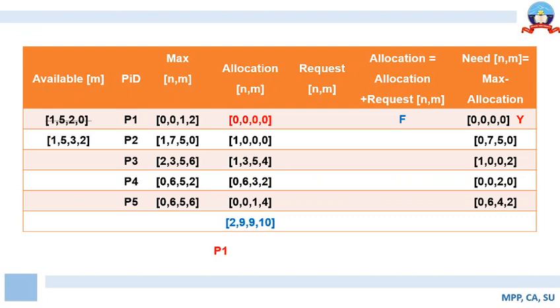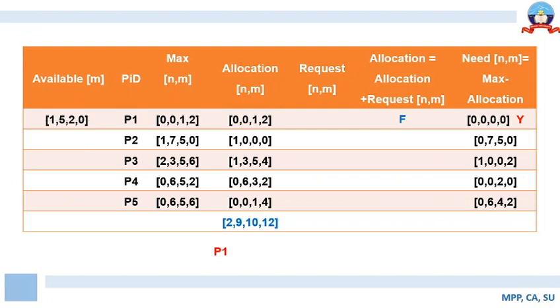This is the way the available resource is updated. The available resource will now be the sum of whatever was available and whatever is obtained after deallocation of the resources by the process that has completed its execution. Here process P1 has deallocated the resources, and they have been added to the available set.